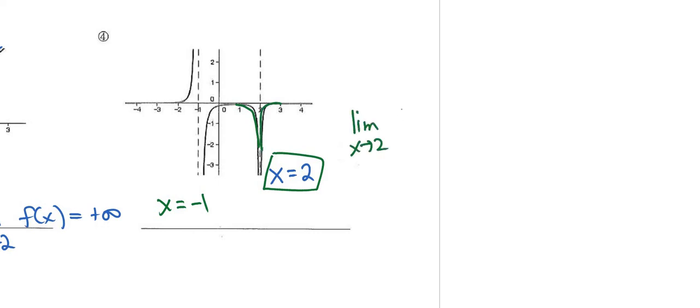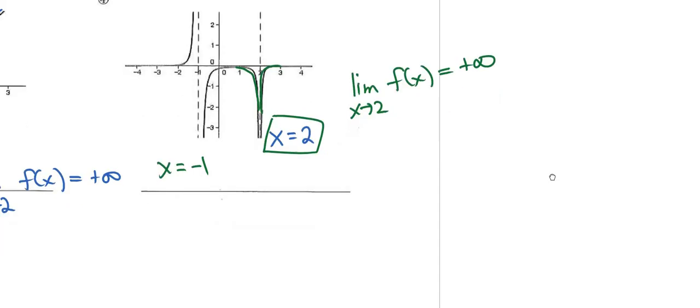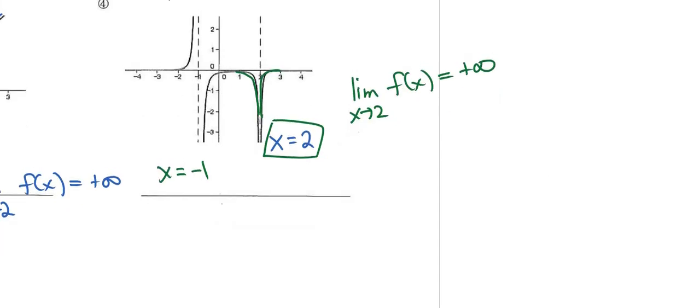So I don't need to write the left-hand and the right-hand limit because both of them are approaching the same infinity. Now, for the vertical asymptote at negative 1, I will write two limit statements because the left-hand side is going to positive infinity and the right-hand side is going to negative infinity.